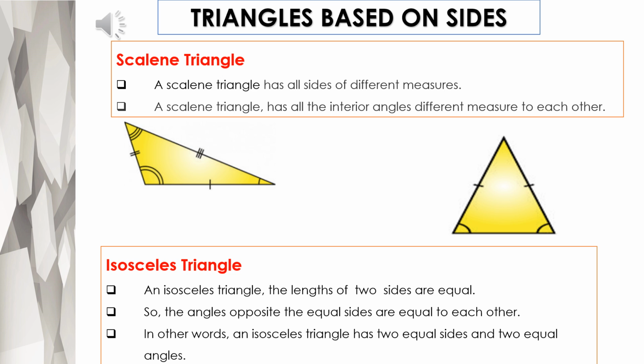In other words, we can say that an isosceles triangle has two equal sides and two equal angles. But here also remember, the interior angles, all three of them, if you sum them up, it would be equal to 180 degrees. Good.